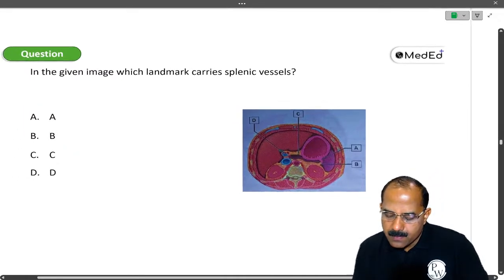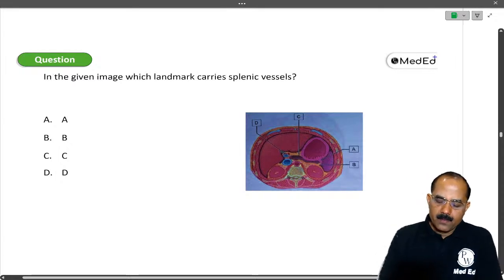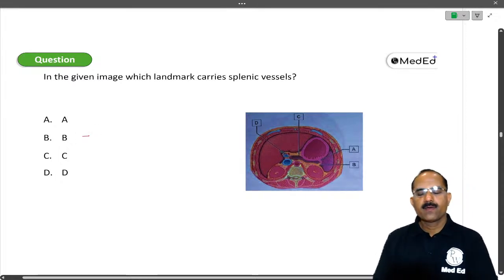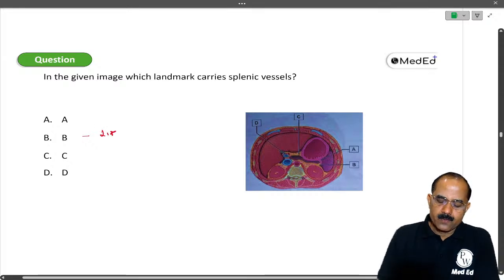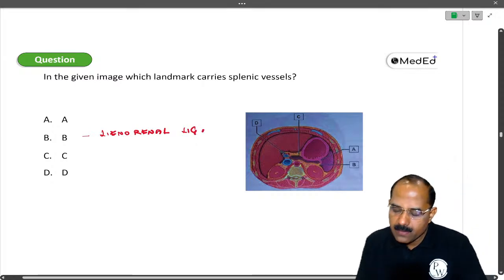Answer is splenic vessels. Now B is, what is B? B है क्या? Lieno-renal ligament है ना. B is lieno-renal ligament.